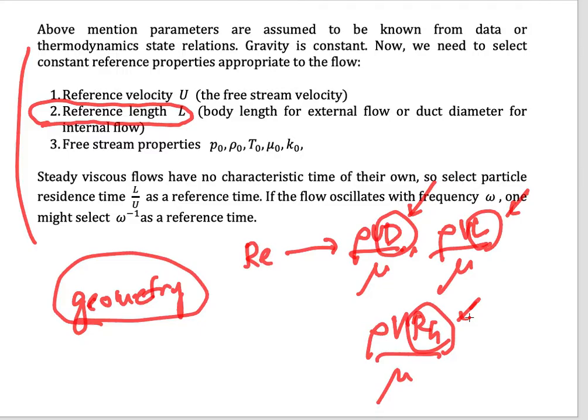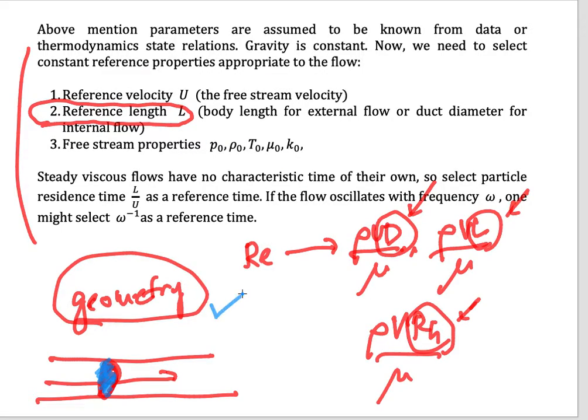For example, if water flows inside a pipe like this, researchers found that the cross-sectional area is the most influential parameter. That's why they take the diameter as the most influential parameter in terms of geometry. If you have an aerofoil, you have the angle of attack and so forth.